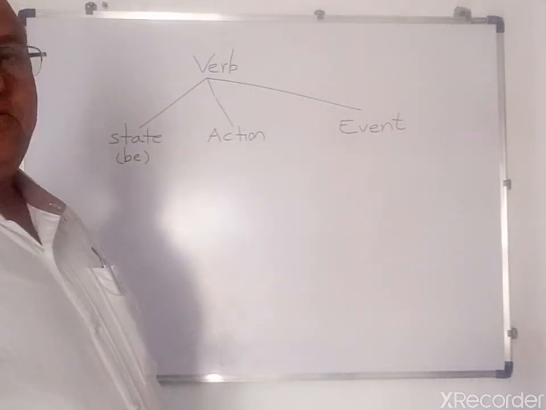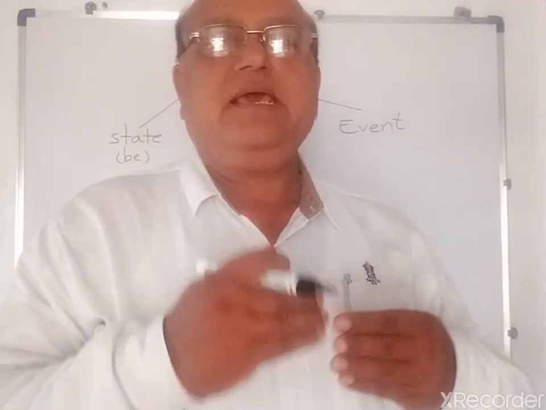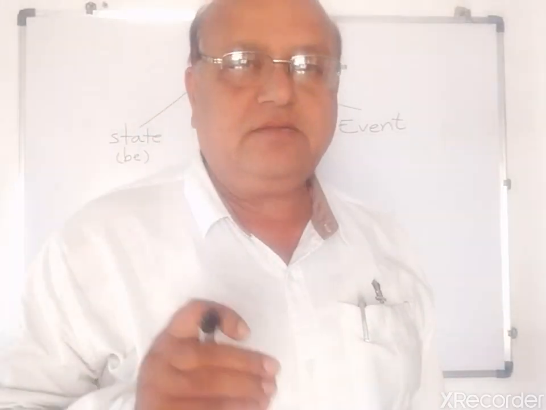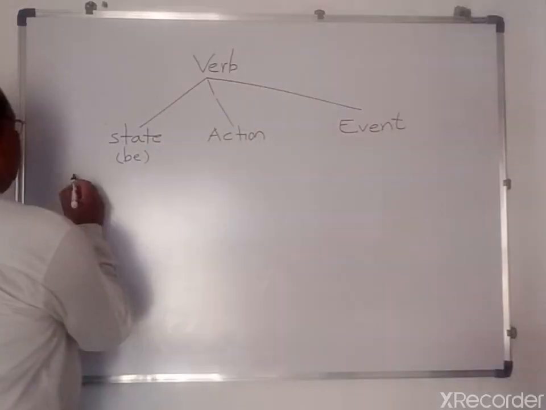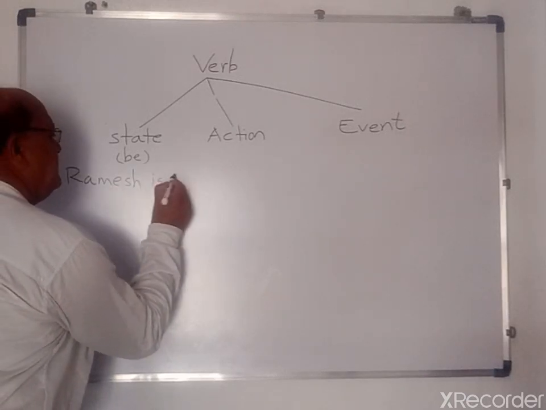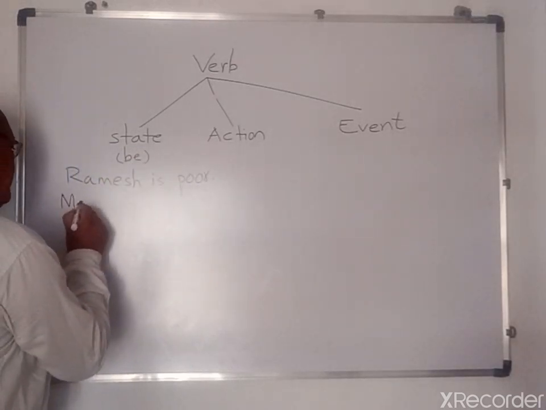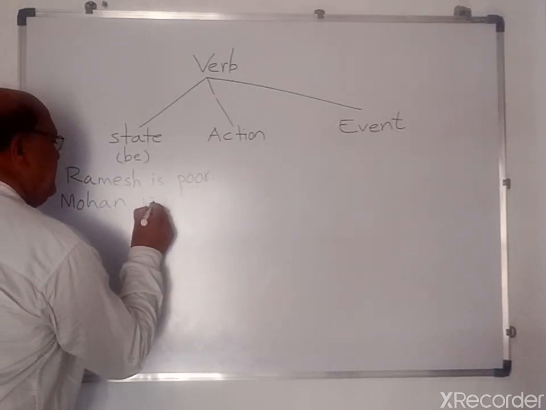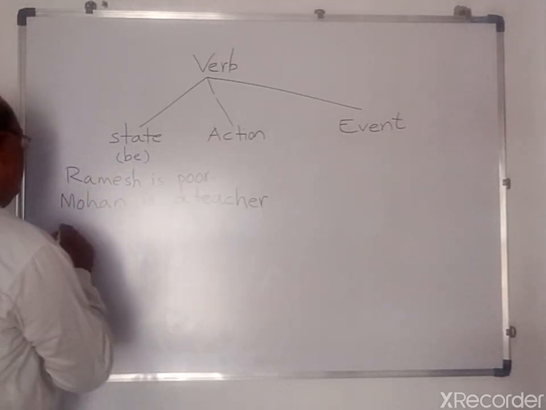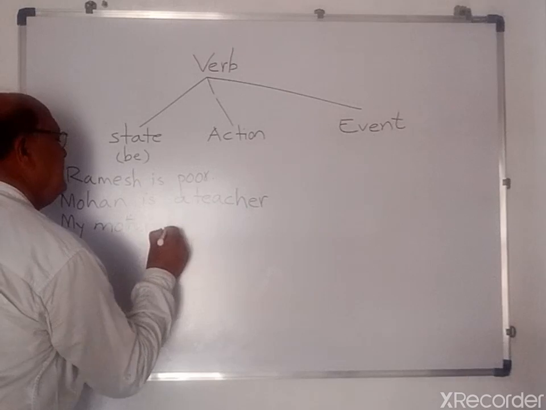When we deal with patterns of sentences, we have SVC pattern of sentences: subject, verb and complement. Look, Ramesh is poor. Mohan is a teacher. My mother is ill.